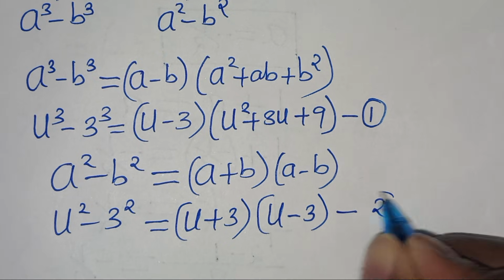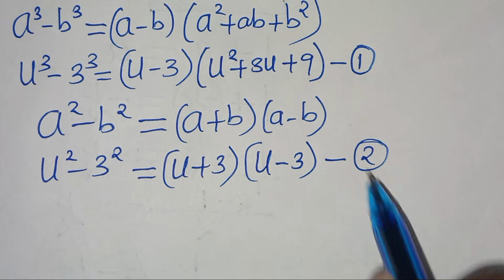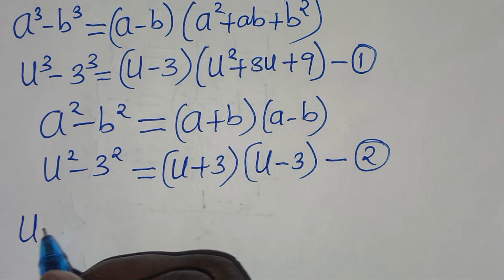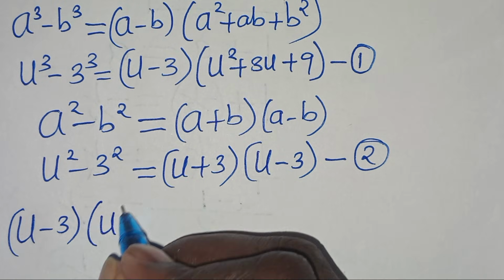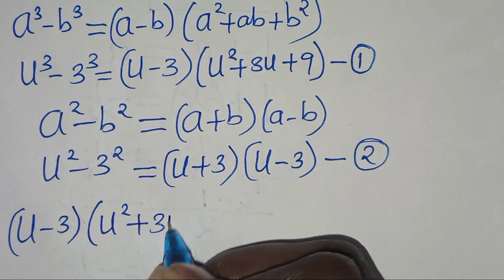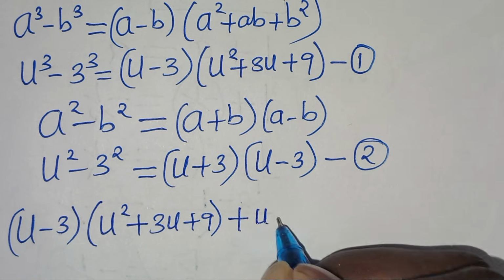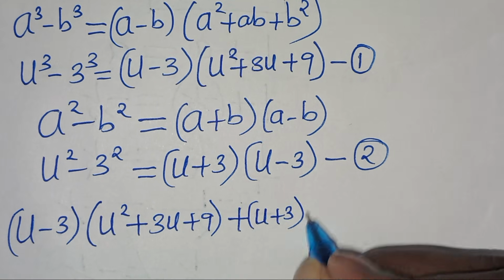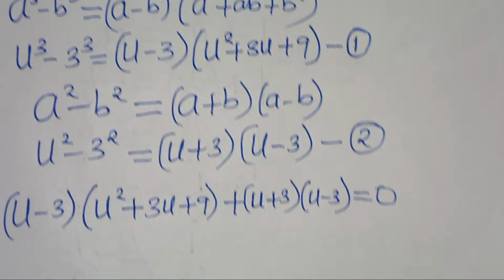Let's call this equation 2. So let's combine equation 1 and 2 so that we have u subtract 3 into the parentheses, u to the power of 2 plus 3u plus 9 plus u plus 3 multiplied by u subtract 3. This is equal to 0.